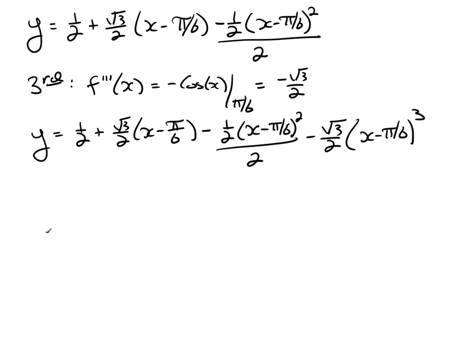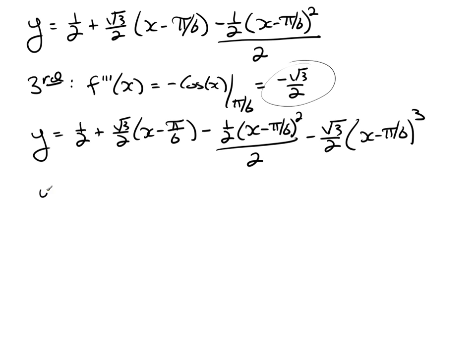Now, what happens when I take the first, second, and third derivative? Because when I take the third derivative, I should match negative root 3 over 2, but I'm not going to. Because the first derivative will bring a 3 down. The second derivative will bring that 2 down. So it's not going to match.